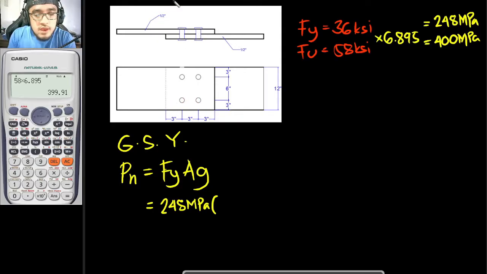So 1/2 inch is to be equal to, converting it with our calculator, 25.4 divided by 2, that is to be 12.7 millimeters. And this width right here, which is 12 inches, that is to be equal to 12 inches times 25.4, that is to be equal to 304.8.